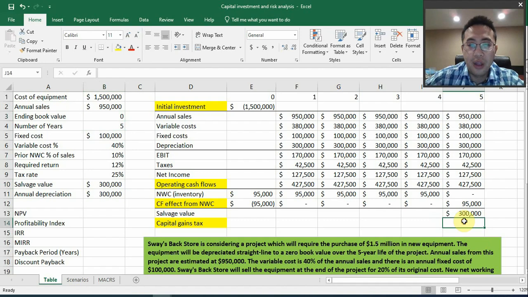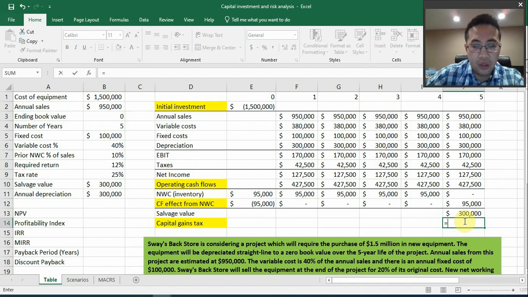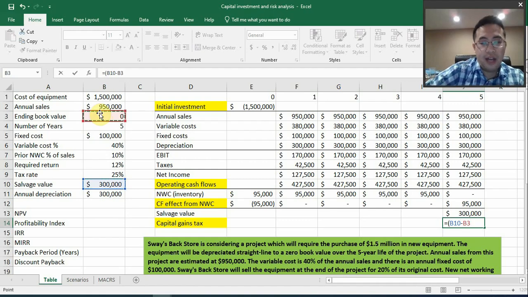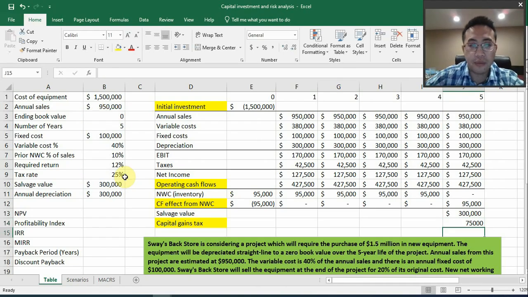So how much money do you make here? You make $300,000 over the reported book value of 0, and that part is subject to tax. You multiply by the tax rate here, so that's $70,000.